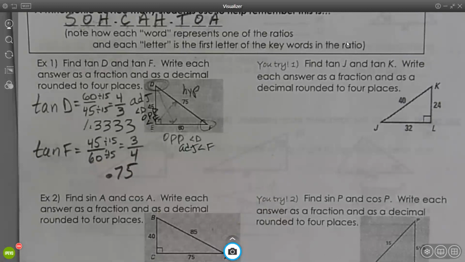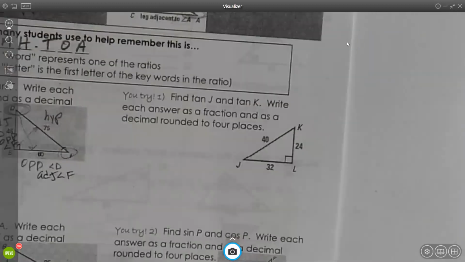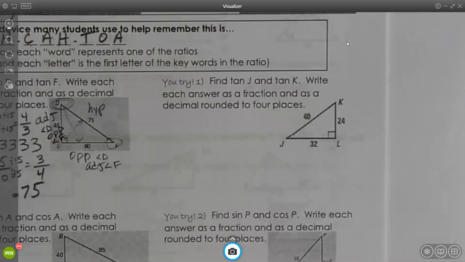You could put down 2 zeros if you had to, or your 4 decimal spots, but 0.75 will be sufficient because that's the exact answer. So now you go ahead and you try the tangent of J and K. You can pause the video and come back and check your answers to see how you did.